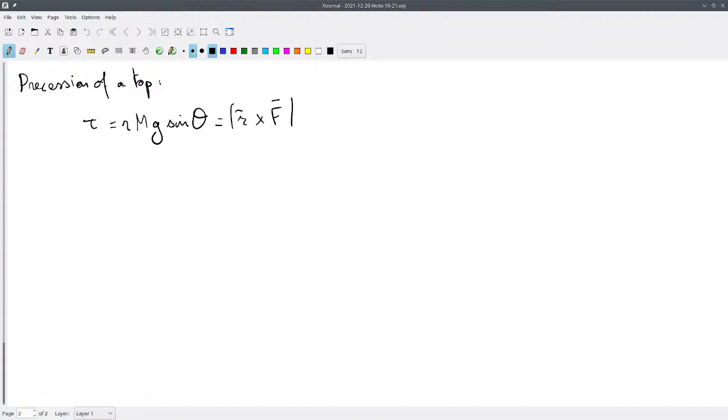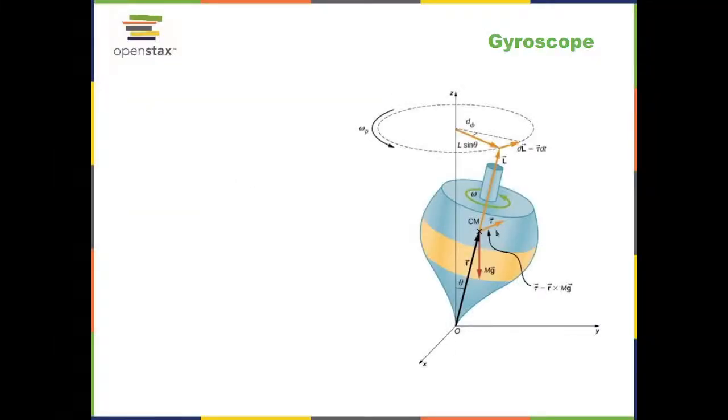So that torque will have to be equal to dL/dt. That means that the little change in angular momentum will be the torque times dt. So if there's a torque in this direction, the angular momentum vector L will change a little bit in that same direction, in the direction of the torque, but multiplied by dt. So over a time interval dt, the angular momentum will shift to there.